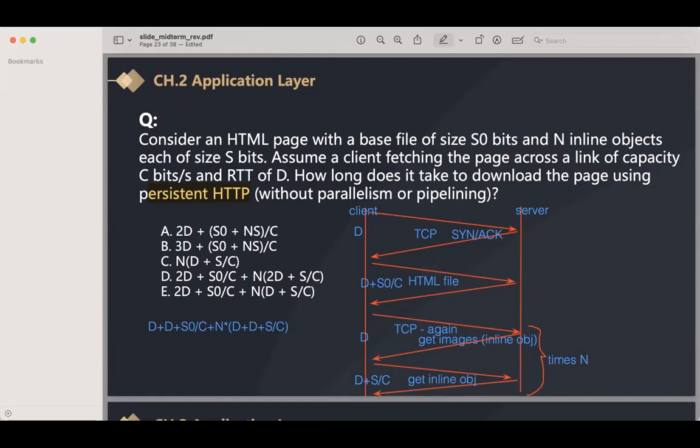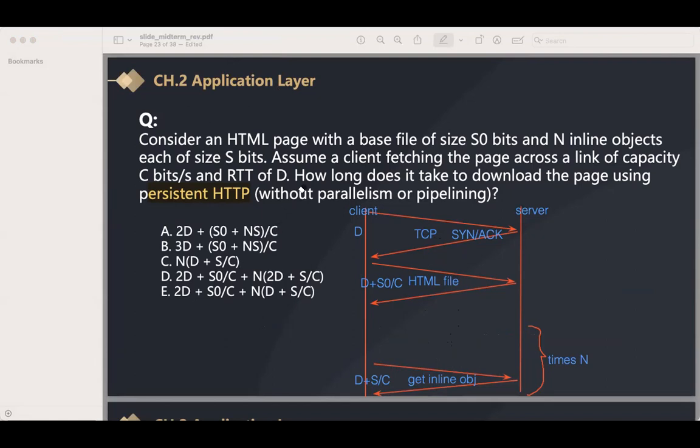With this one, because we are using the persistent connection, we don't need to have TCP establishment anymore. We only need just one establishment for the TCP connection. And then we can send all the files and requests. So what's the answer for this one?